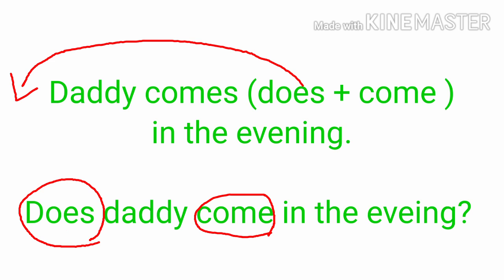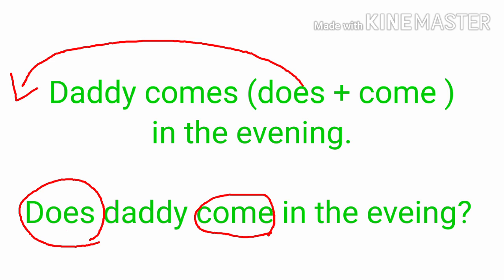So the sentence is Daddy comes in the evening. See, comes is equal to does plus come. Pick the helping verb does, place it in front of the sentence. Now the question is formed. Does Daddy come in the evening?